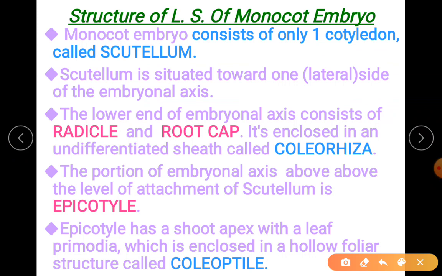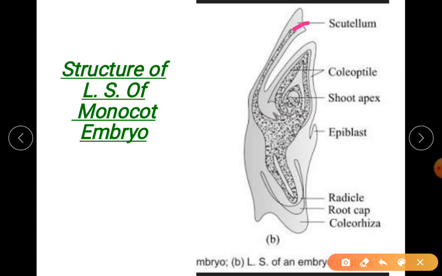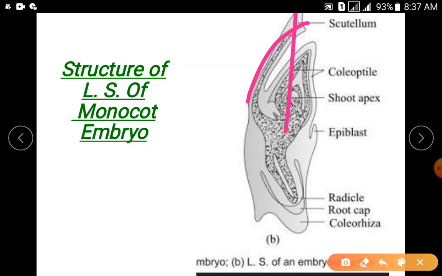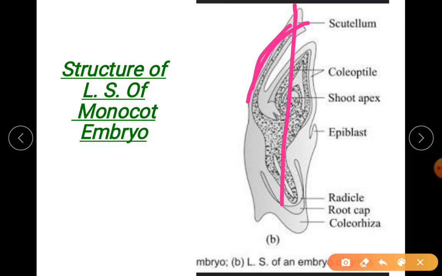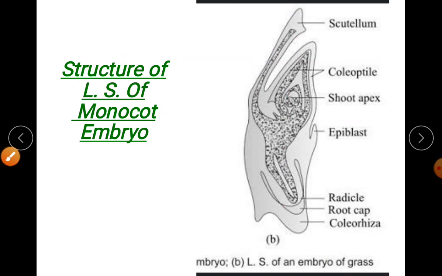So where is it present? It is situated on one side, that is the lateral side of the embryonal axis. You can observe here clearly it is only at one side. We are talking about the axis, but since there is only one cotyledon, we are talking about where that one cotyledon is located.